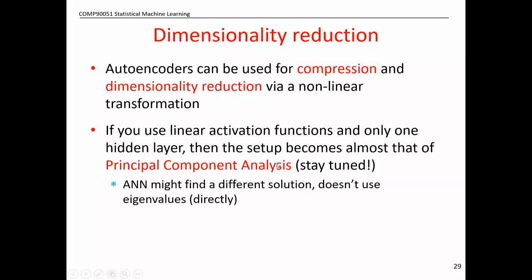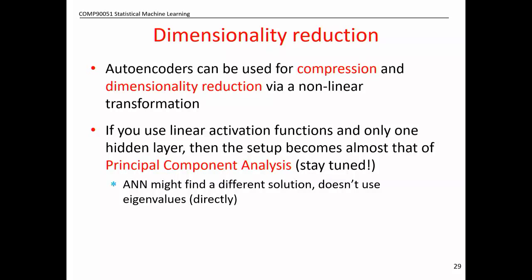If your activation functions were linear and you were using square loss, this would look a lot like principal component analysis. In fact, it would actually be mathematically the same thing.